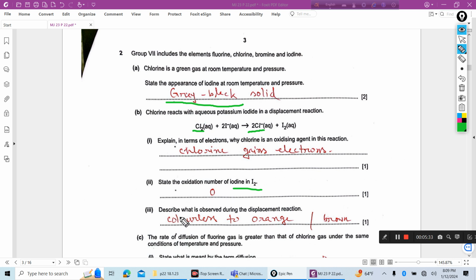3. Describe what is observed during the displacement reaction. You know, iodide ion aqueous solution is colorless, aqueous iodine is brown. So the colorless solution turns brown, or you can write orange. Brown is good, aqueous iodine solution is brown.